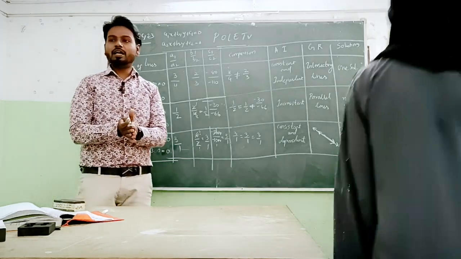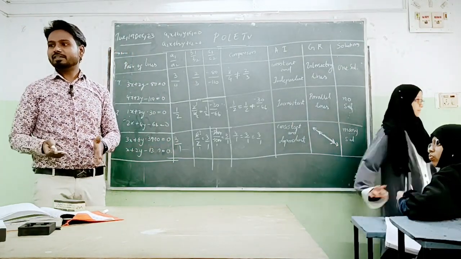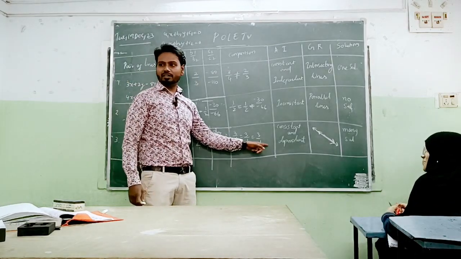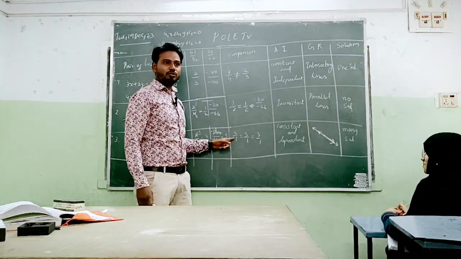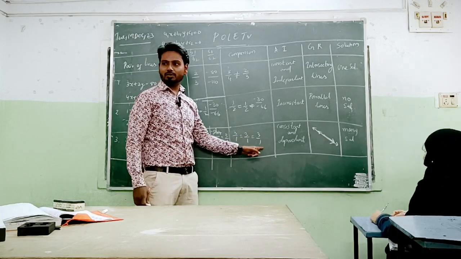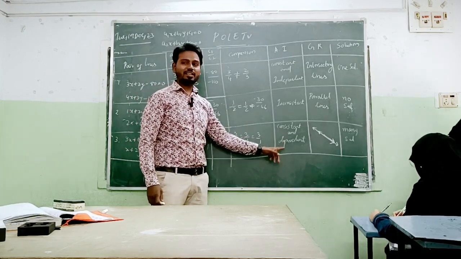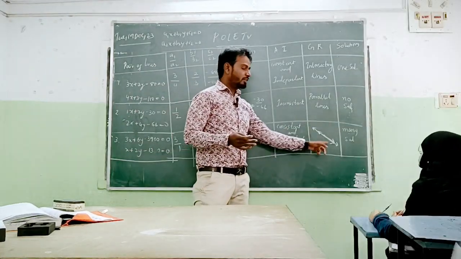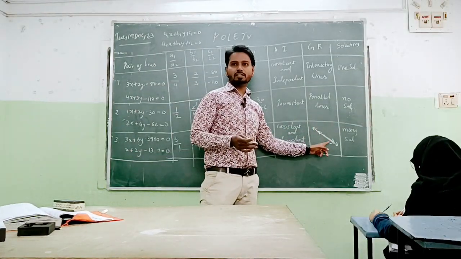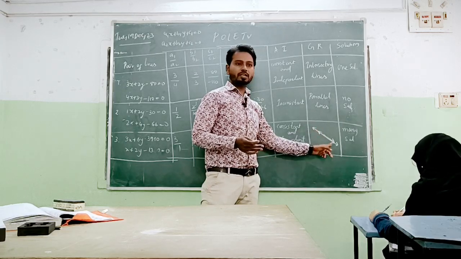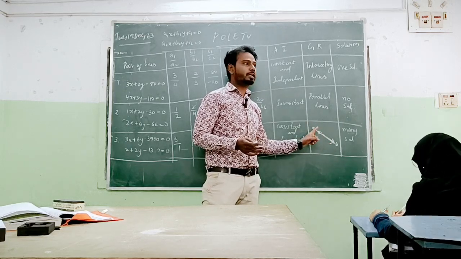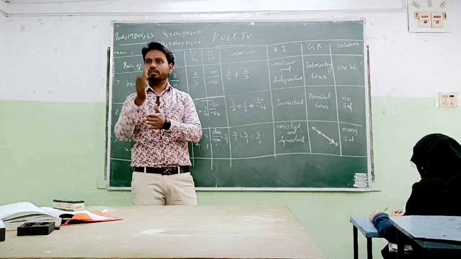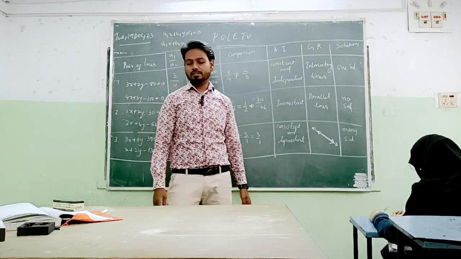Everything is okay here. This first also approved, second also approved, third also approved, so consistent and dependent on each other. Whatever point you get for this line, you will get exactly the same for the other, and it will have many solutions, made for each other.